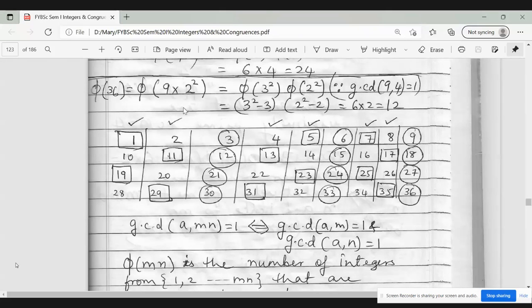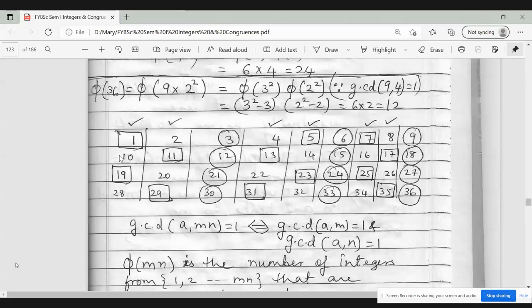This is M, this is N. N is 4. So the GCD of these numbers with 4 should also be 1. Then only I can combine them. So here all these numbers have GCD with 9 equal to 1, but I have to look at those whose GCD with N, that is 4, is also 1.